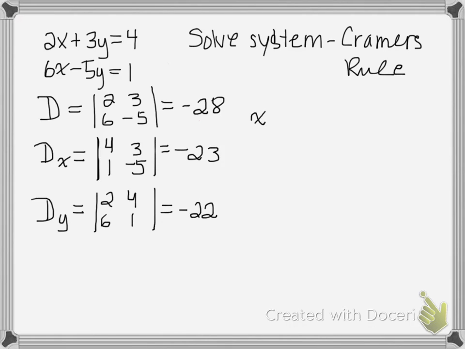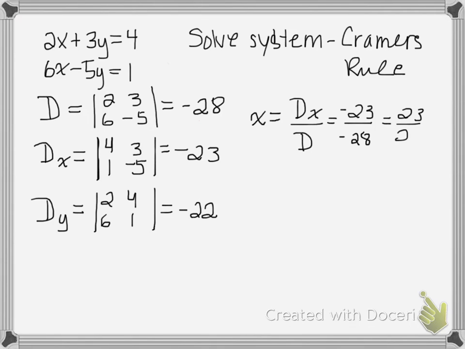Now the solution to the system is going to be this. The x solution is going to be D sub x over that general D matrix. And what was D sub x? That was negative 23 over the general matrix here, negative 28. So I guess we'd call that 23 over 28, right?